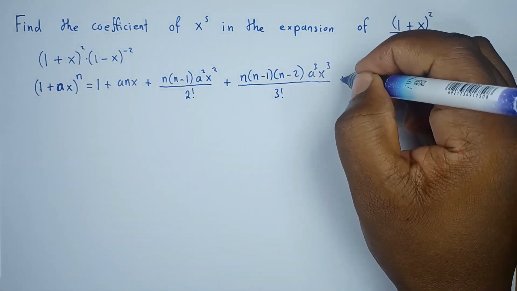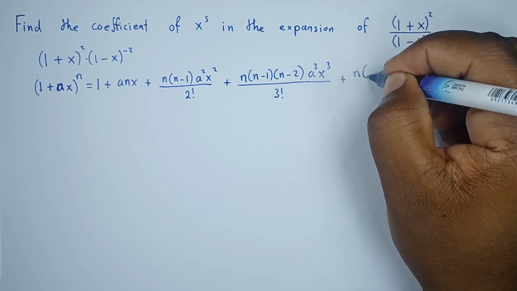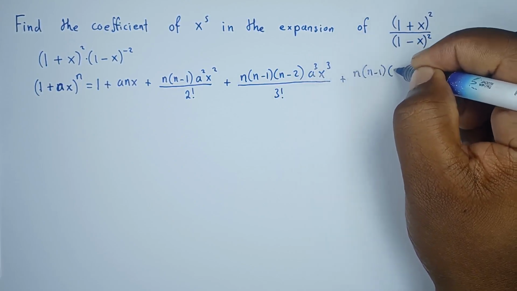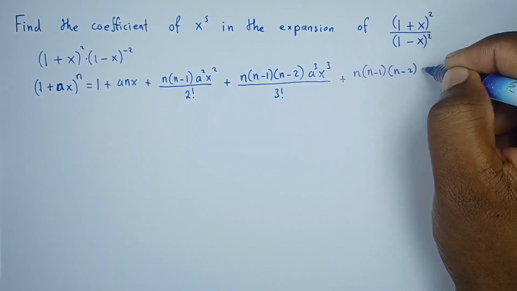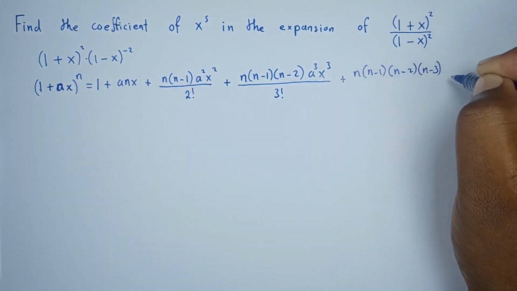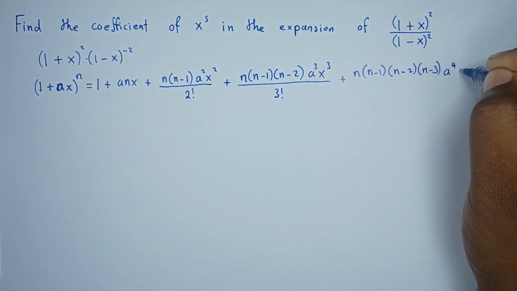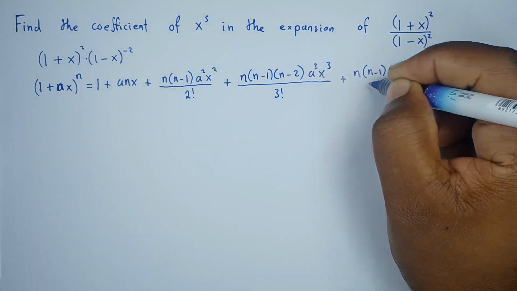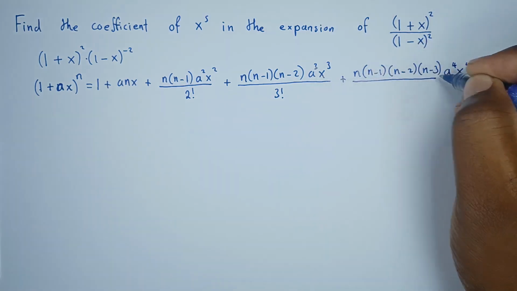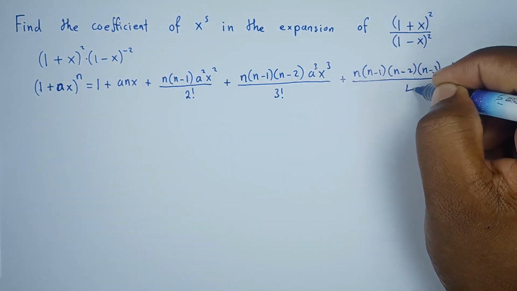The next term will be n(n - 1)(n - 2)(n - 3) a to the power 4 x to the power 4, and all this is over 4 factorial.